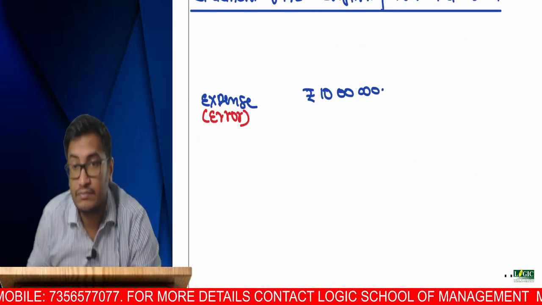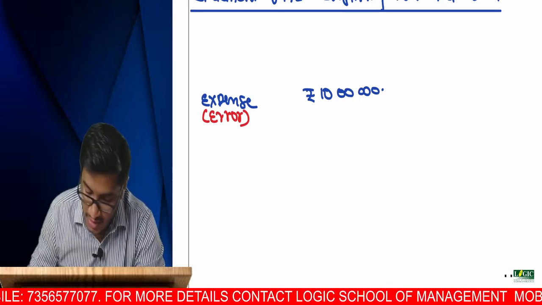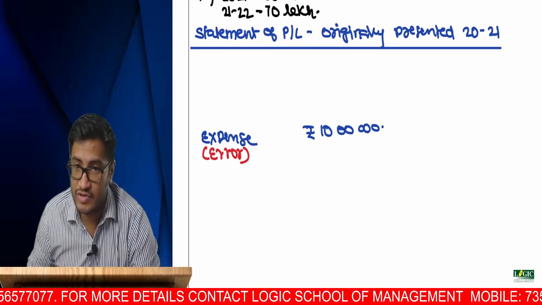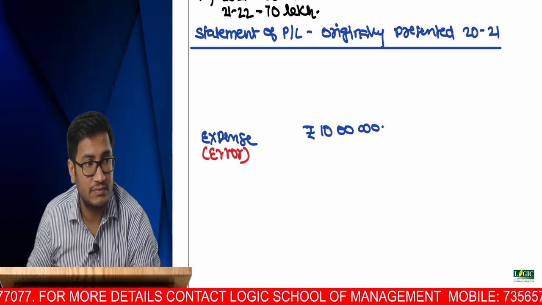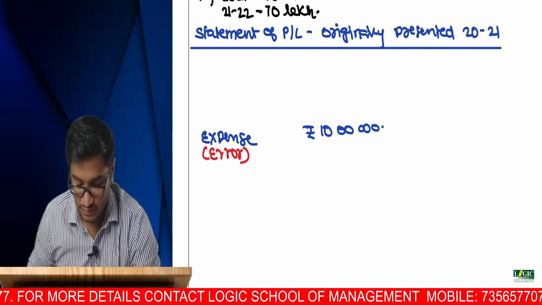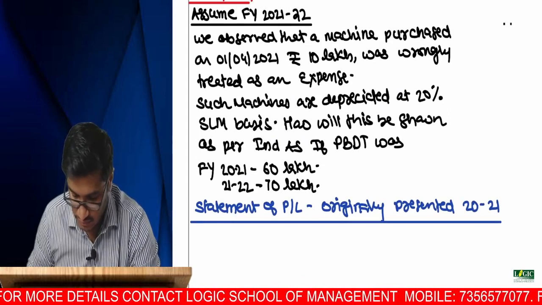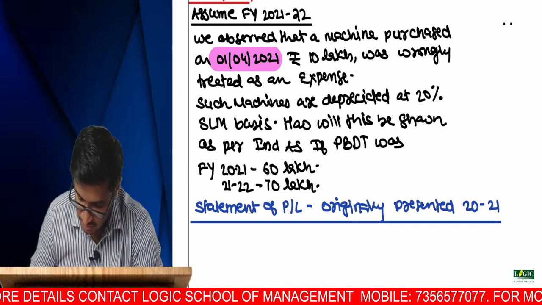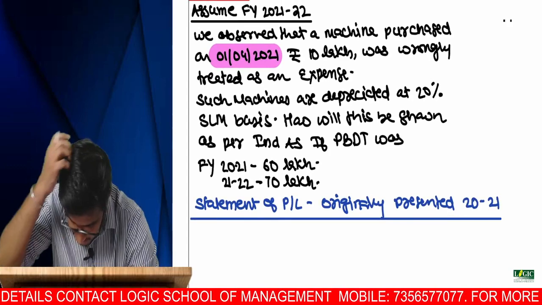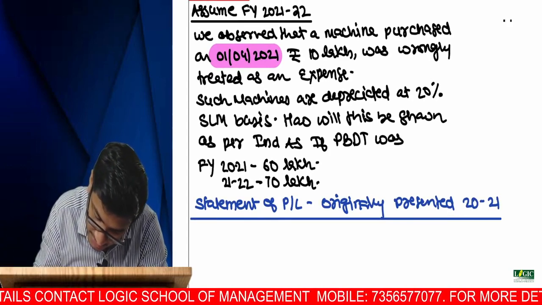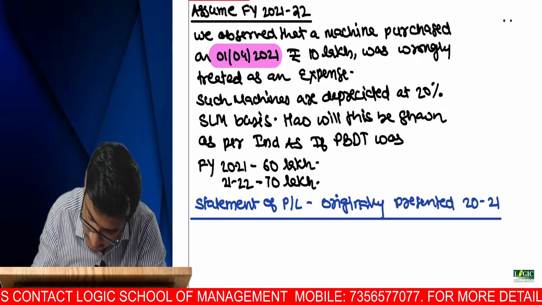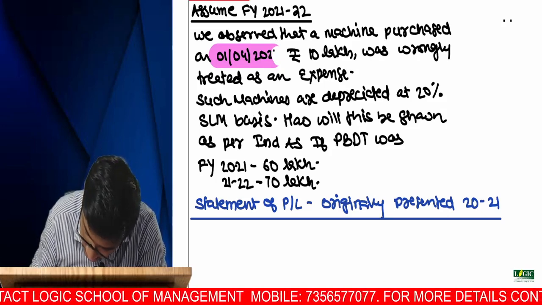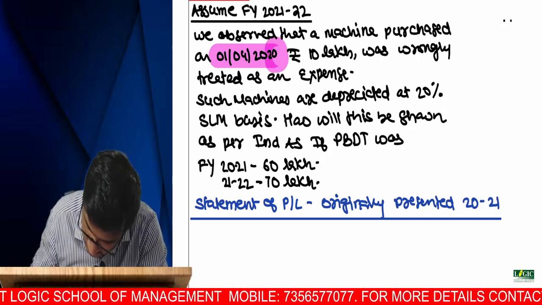They have shown it as an expense. Oh, sorry, 1 for 21, I'll make it 1 for 20.